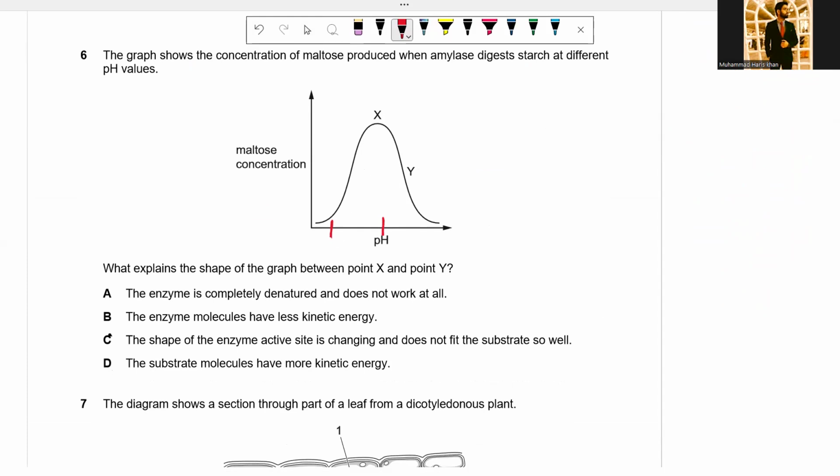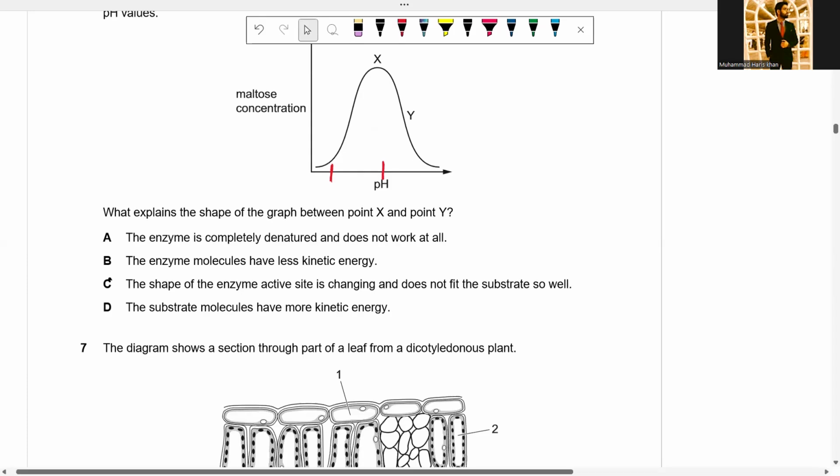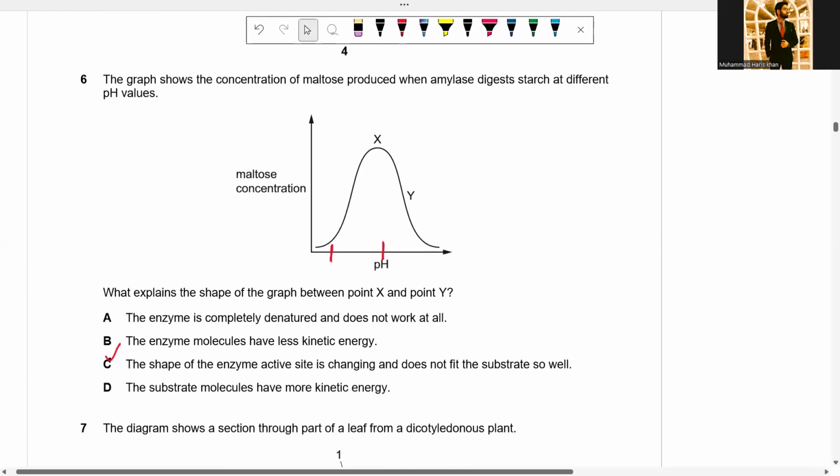So from X to Y, the shape of the enzyme's active site is changing and does not fit the substrate so well. And that's why the rate of reaction will decrease, as the graph shows the maltose concentration. That is why the enzyme activity will be reduced and amylase will be denatured, and it will not convert the starch into maltose, that is substrate into product.